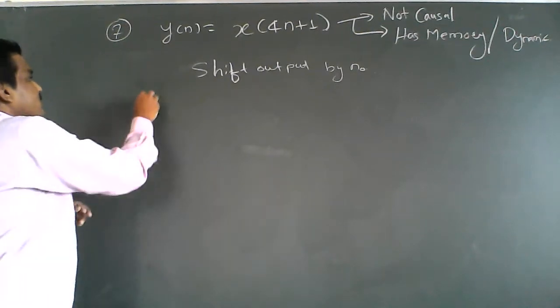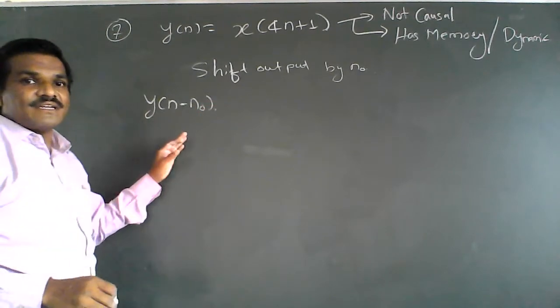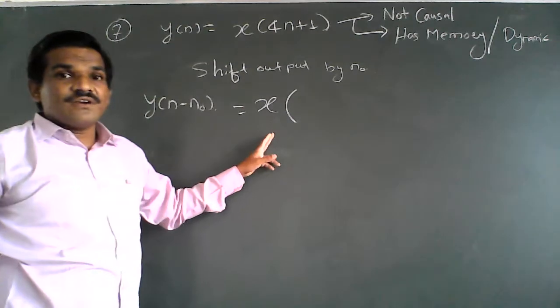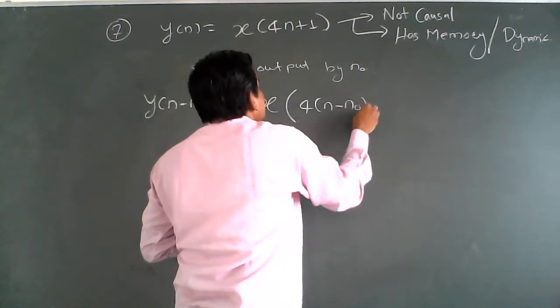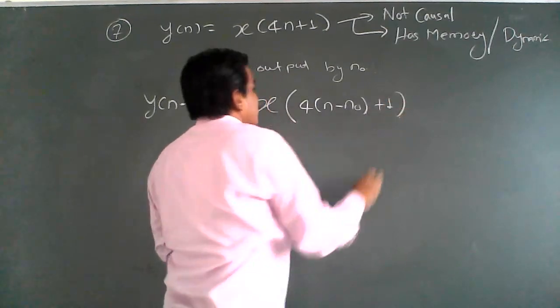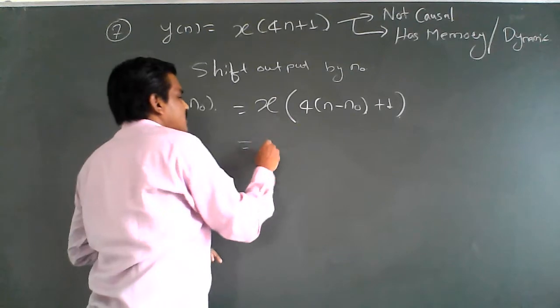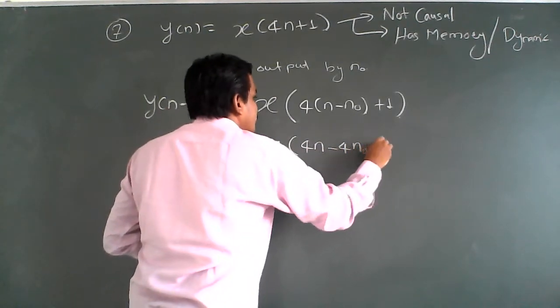So y of n minus n0 will be x of 4 times (n minus n0) plus 1, which equals x of 4n minus 4n0 plus 1.